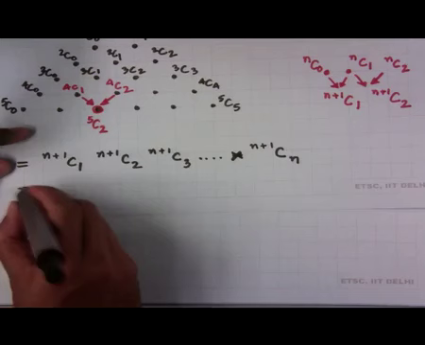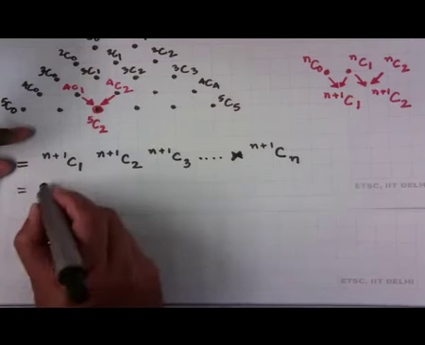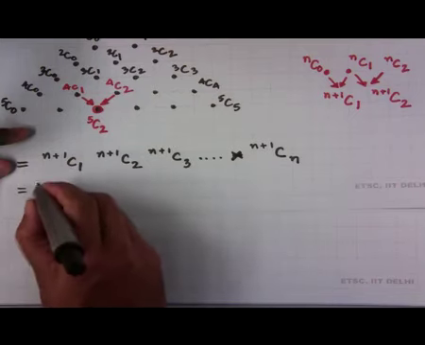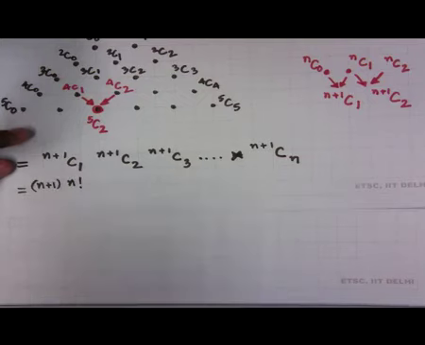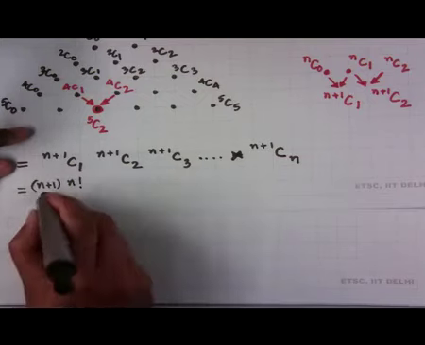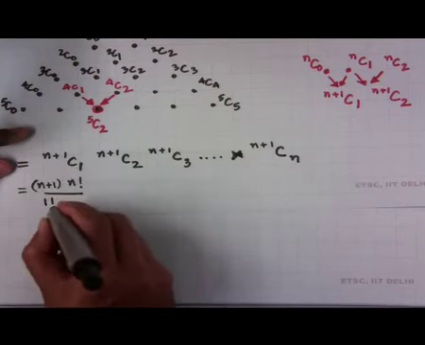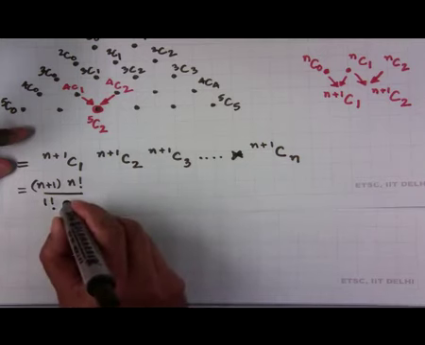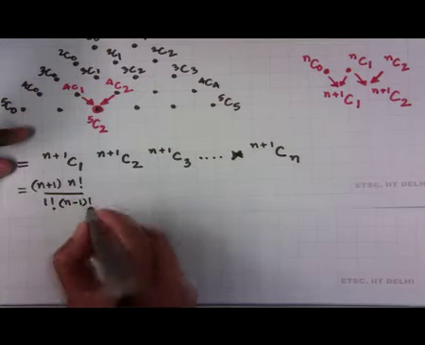All you have to do is break it up. n plus 1 C 1 is factorial n plus 1, which happens to be n plus 1 times factorial n, divided by, in the denominator you have got factorial 1 and factorial n, but instead of writing factorial n, I am going to write factorial n minus 1 times n.